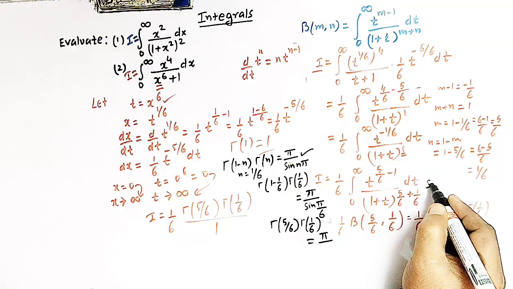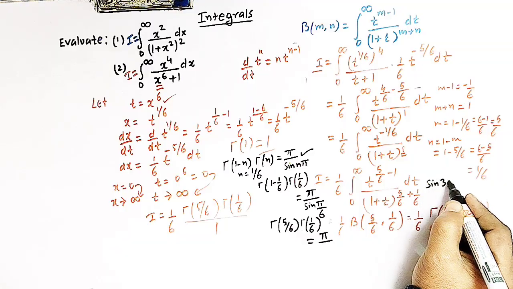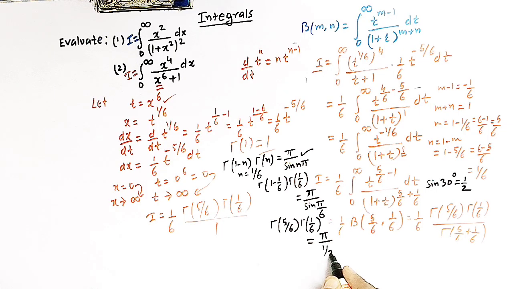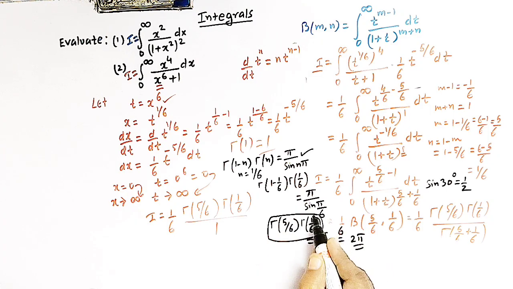Now sine pi by 6 is sine 30 degrees, that is equal to half, right? So here we have half, taking this half to the numerator, we have 2 pi. So this product, that is gamma 5 over 6 times gamma 1 over 6 is 2 pi.